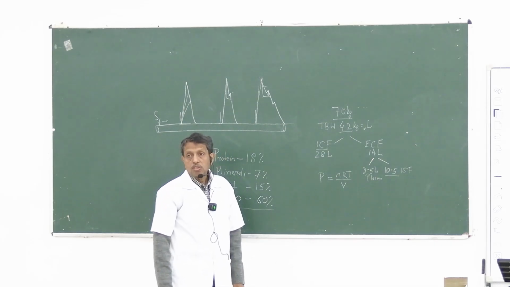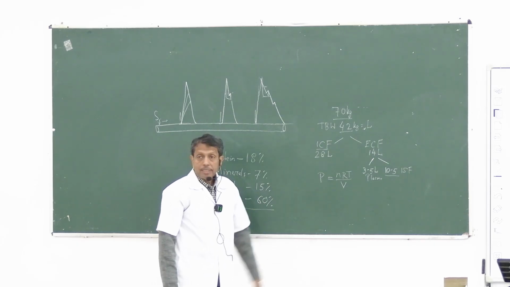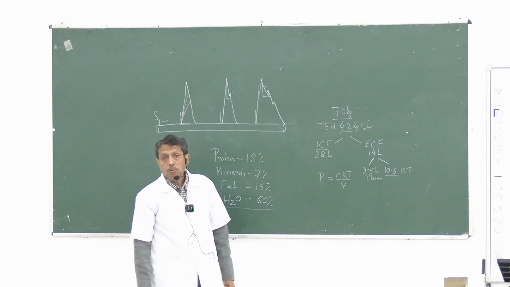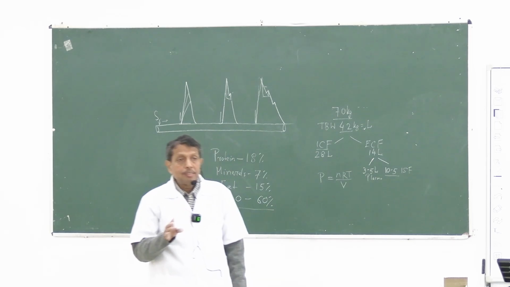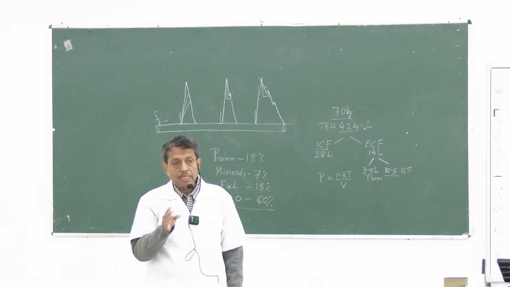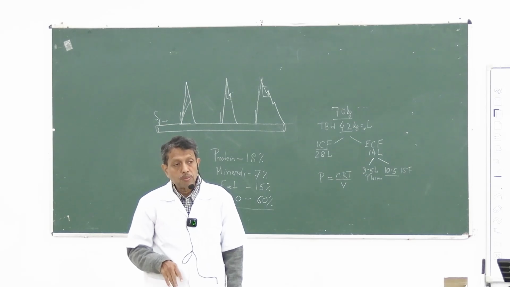So it depends upon the concentration, and it is the colligative property. From this formula you can find out the value of all the osmotically active particles in the plasma or extracellular fluid.